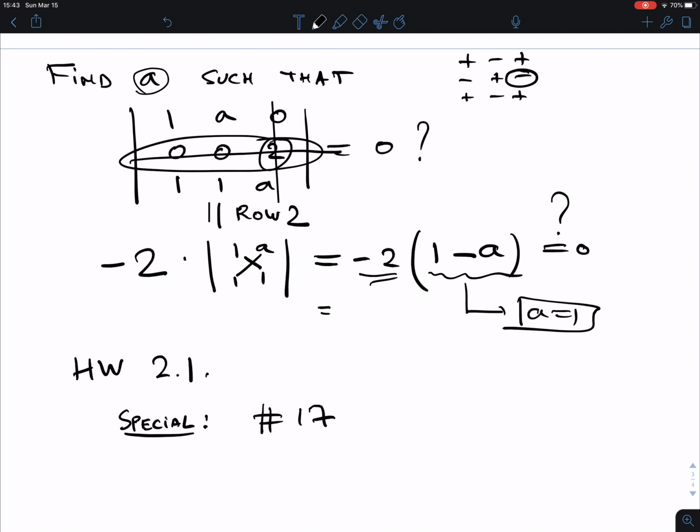Okay. Number 21. But don't just do these 2, do all the problems. But you have to show me at least these 2. They are not so hard.